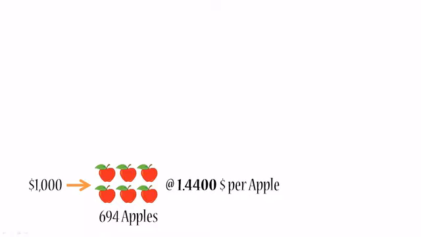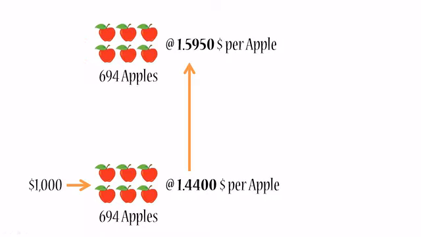This means that he bought 694 apples. Next, he waited a certain number of days until the price for apples grew to $1.5950 per apple. And at this point in time, he still has 694 apples. What he did with these apples next is he sold them at the new price.